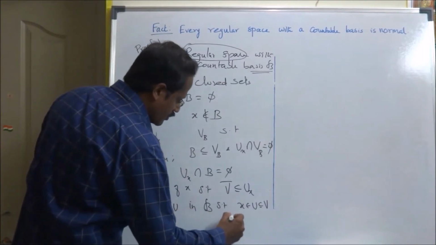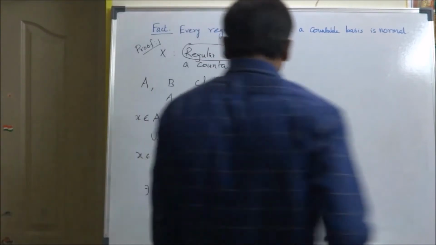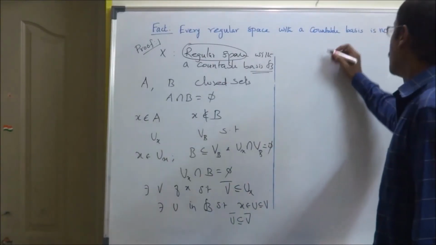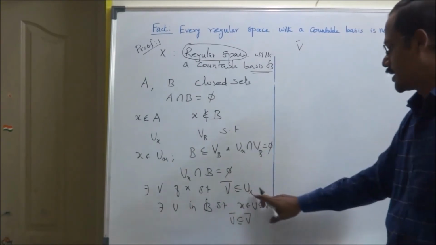Therefore, U closure is contained in V closure. Your V closure is contained in Ux.